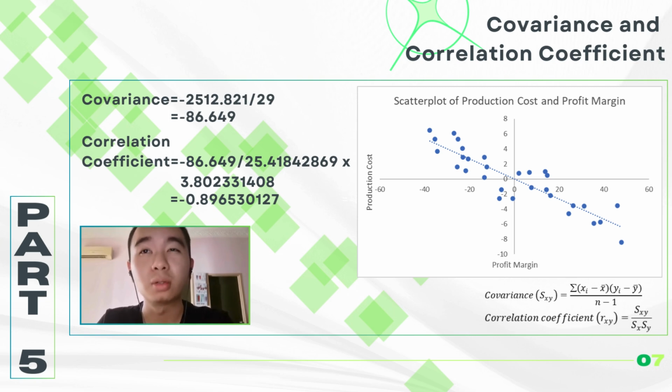It shows there is a strong negative relationship between the production cost and profit margin, because it is less than negative 0.5.